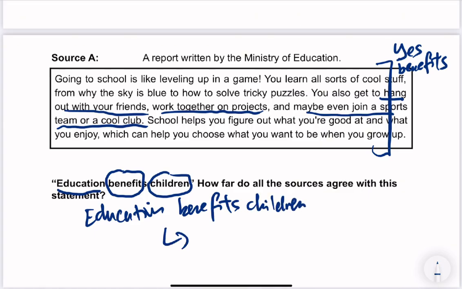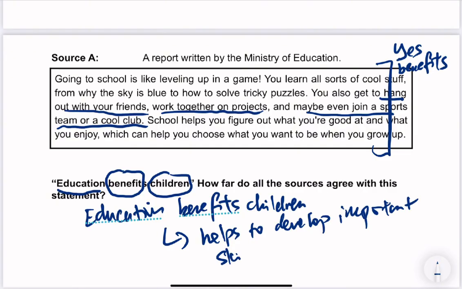The explanation for this will be: because it helps to develop their social skills, or develop important skills that would help them in the future.